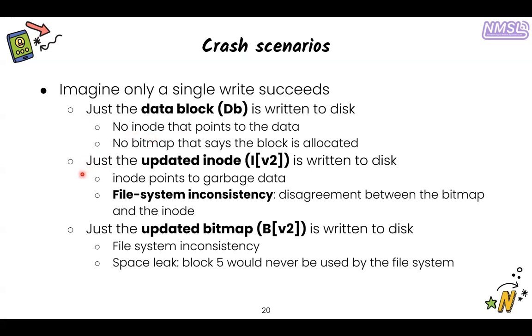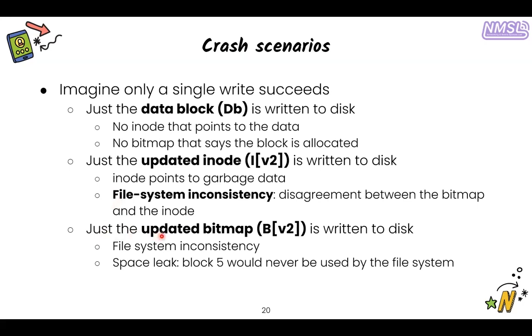Second scenario, only the inode is written. Again, a problem, because the inode now points to garbage data, since the data has not been written. We also have file system inconsistency because we now have a disagreement between the bitmap and the inode. The metadata are basically contradicting each other.